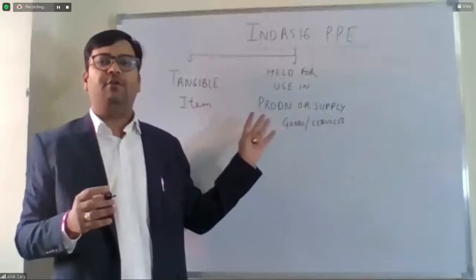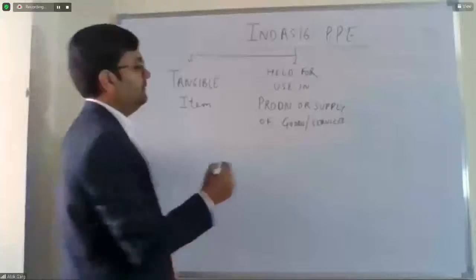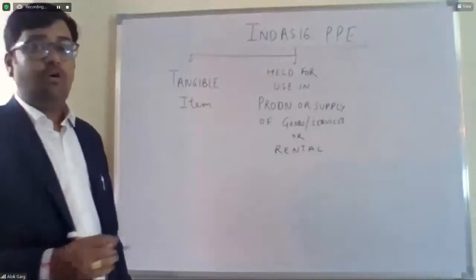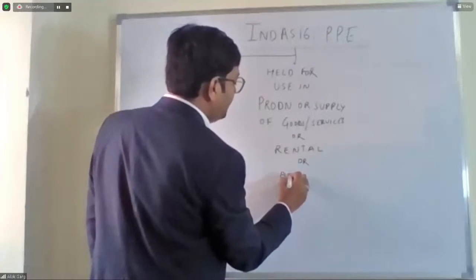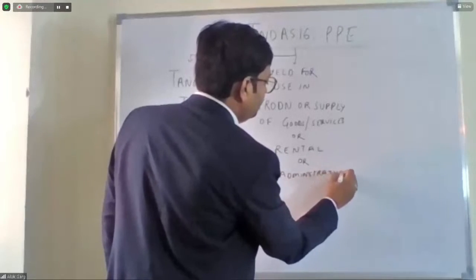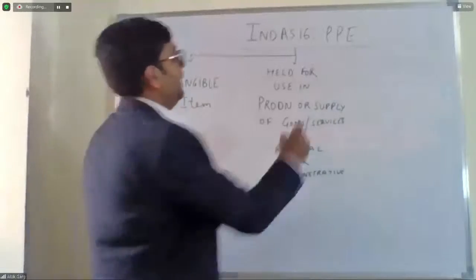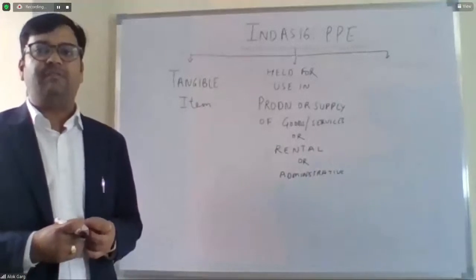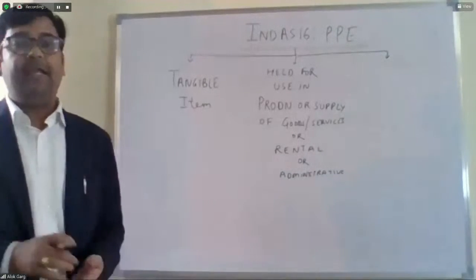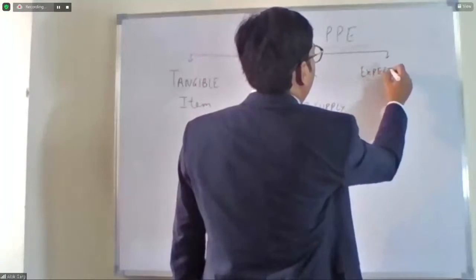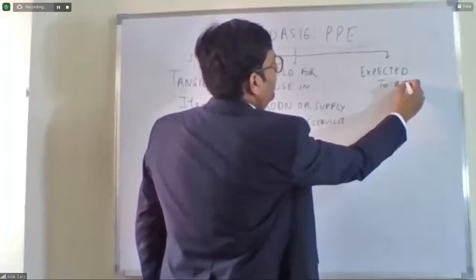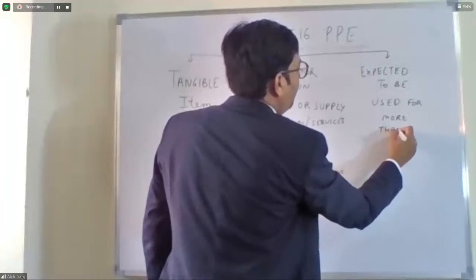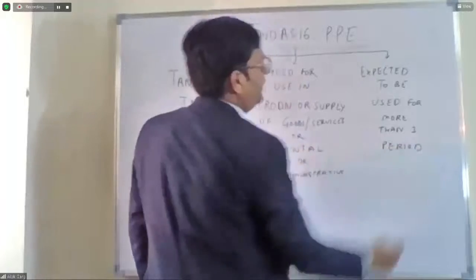So tangible item held for use in production or supply of goods and services, or held for rental purposes, or held for administrative purposes, and expected to be used for more than one period, technically more than 1 year, one accounting period.